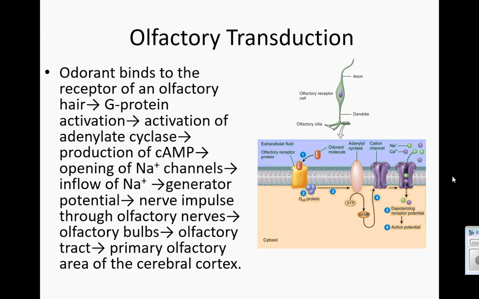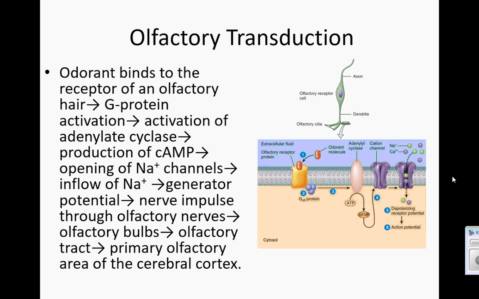Smell involves what we call a second messenger system, which I wrote up here on the board. Second messenger system means that there are two messengers involved. The first messenger is literally the odorant, which in this case, you see step one, the odorant is going to bind to a receptor protein located on that plasma membrane.